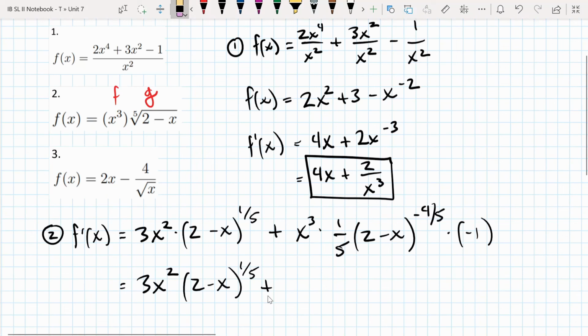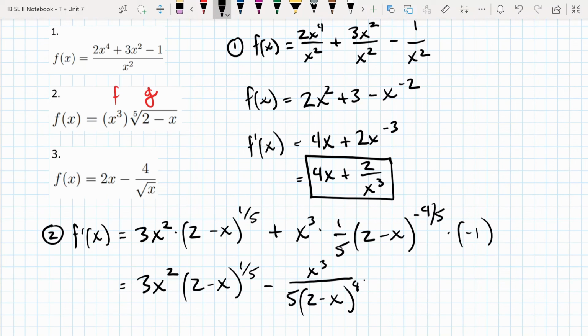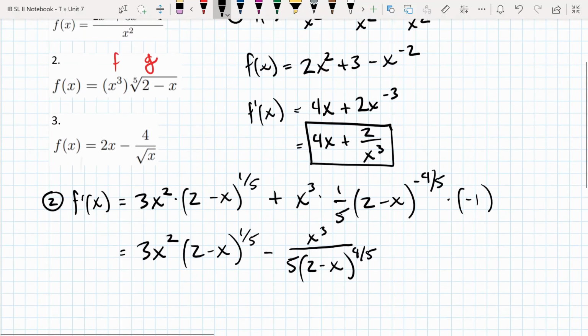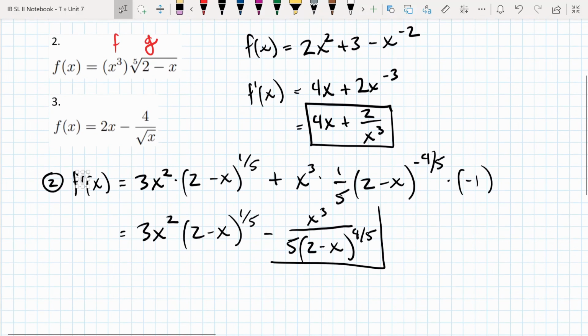So we get minus x cubed times, well, let's write it like this. Again, you can simplify this. x cubed over 5, 2 minus x to the 4/5. So here's the derivative for number 2.